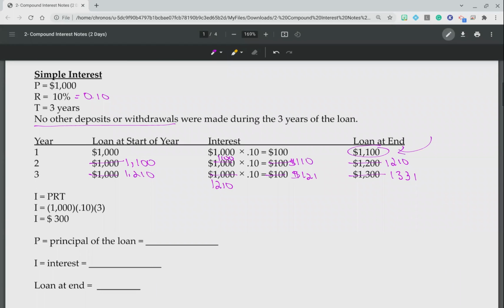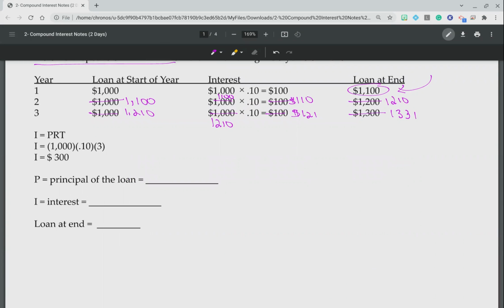For this one, my principal was always changing. First it was $1,000, then $1,100, then $1,210. My interest was always 10%, and then my loan at the end was $1,331.